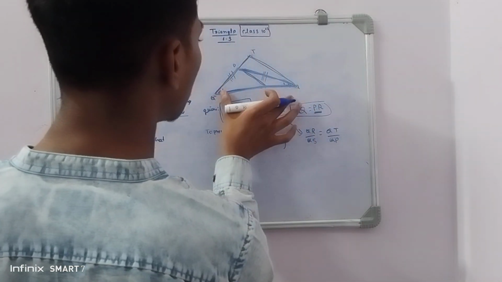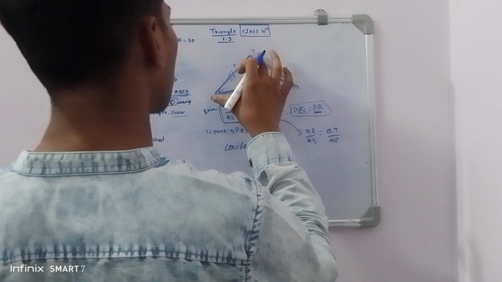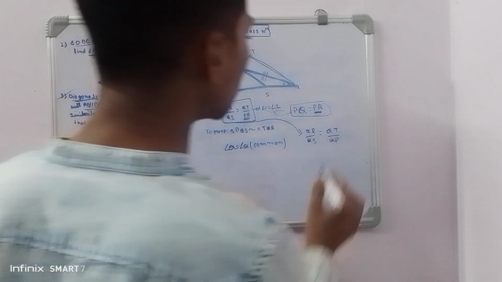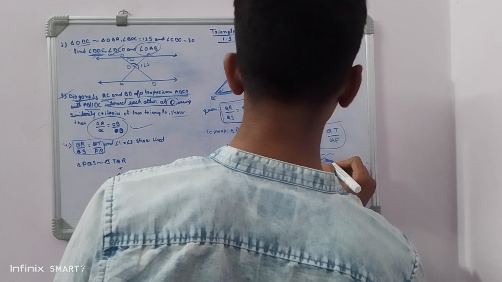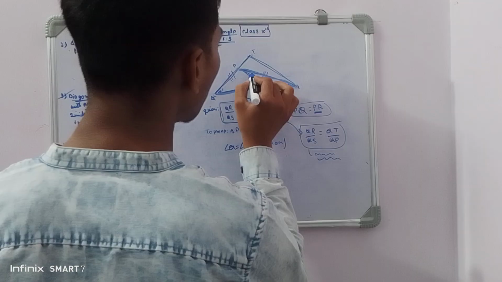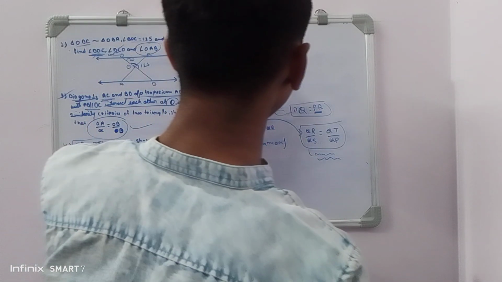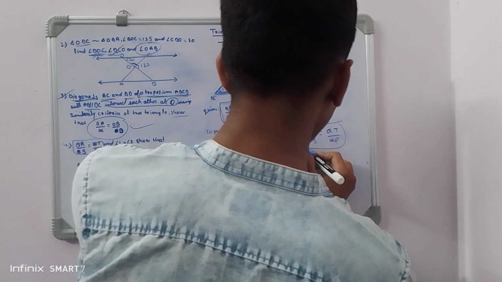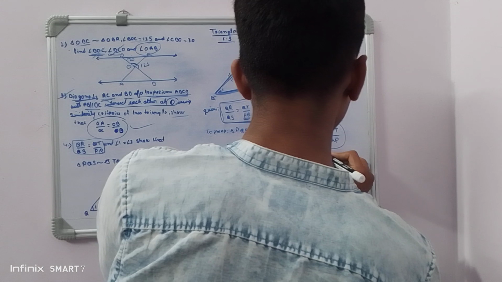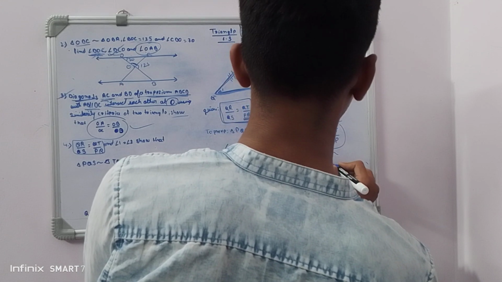Now we have QR by QS equal to QT by QP. This is the converse of BPT, through which you could say that PS is parallel to RT. So using the converse of BPT, PS is parallel to RT.